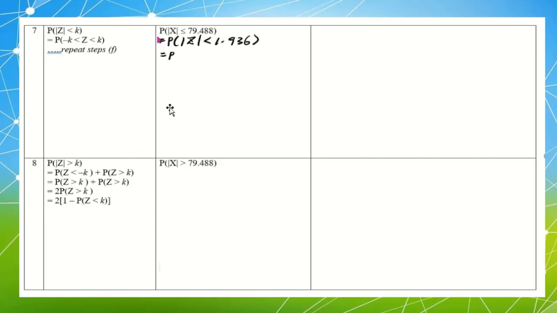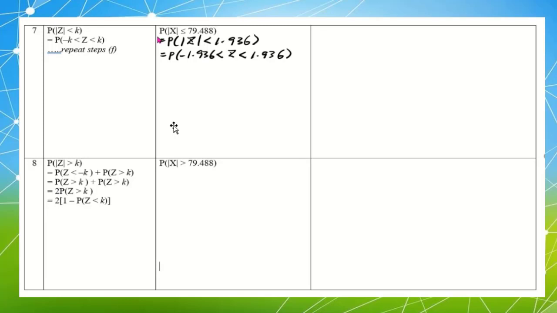And we know that modulus z less than 1.936 is the same as z greater than negative 1.936 and less than positive 1.936. So we can use the same step as example number 6, where we can directly separate this into 2.